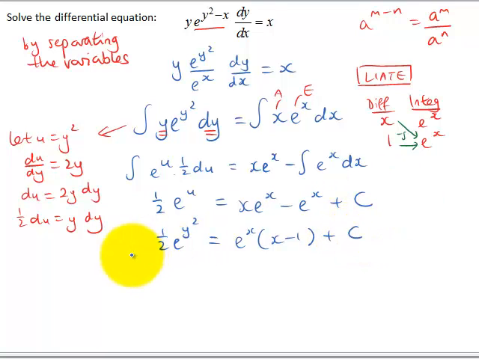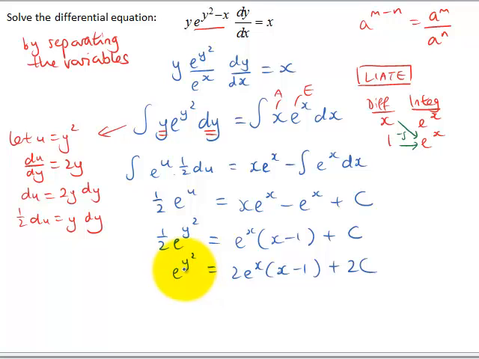I'm going to continue to simplify by removing this half, so I'm going to multiply by 2. And I can even go further by removing this exponential function so that I'll just have y squared.